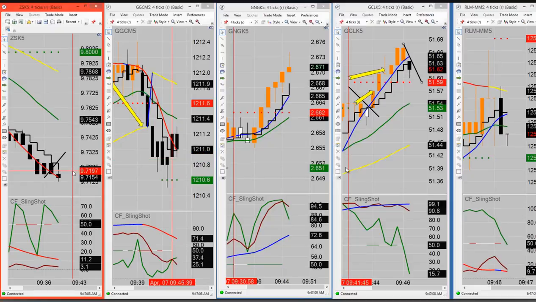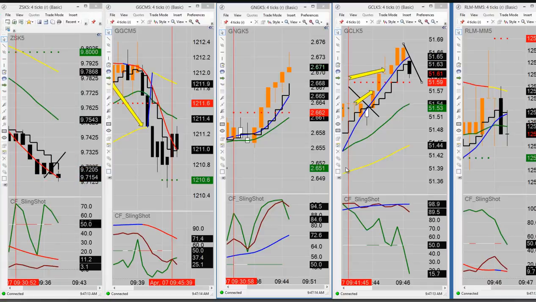On the soybeans, we're still looking for that down close, but now that down close is going to be at 71, not 70 and a quarter.